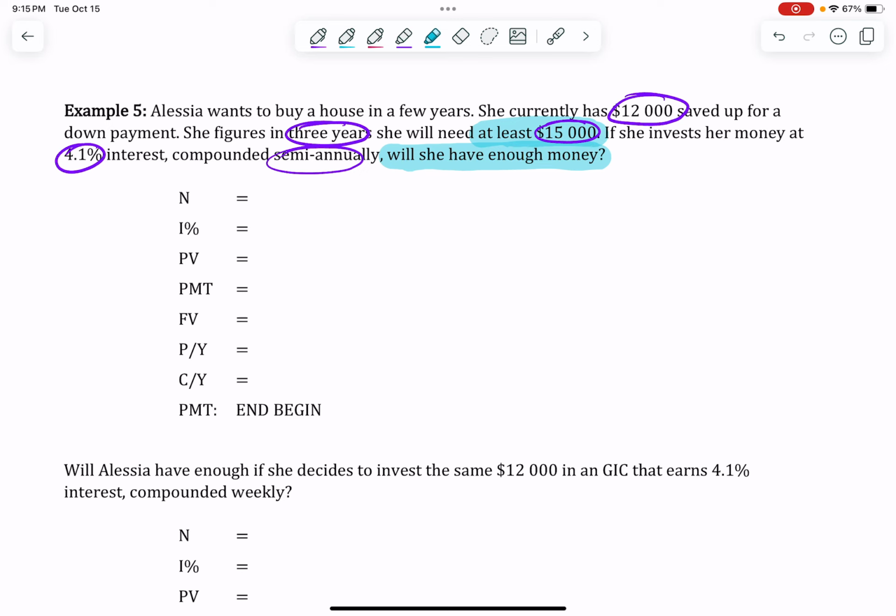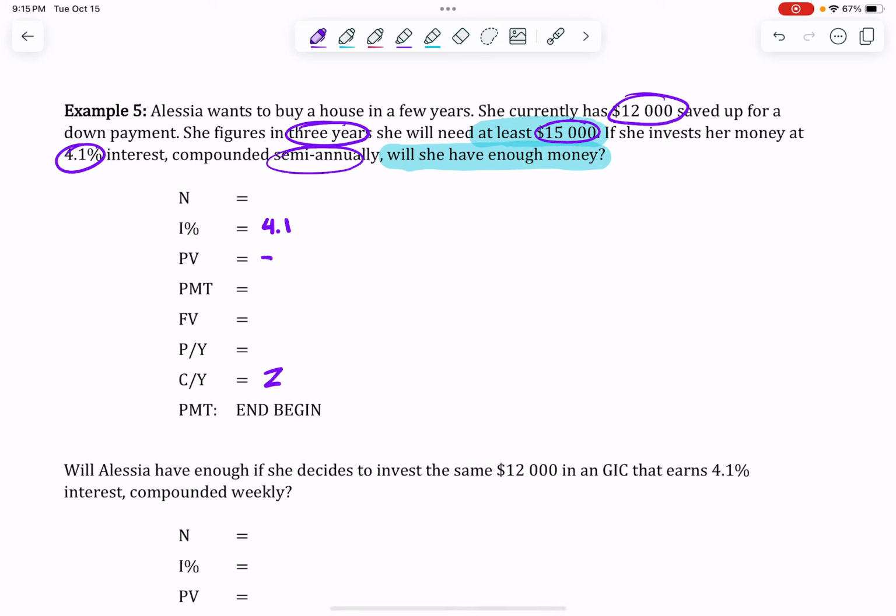Okay? So, going ahead, looking through here, I%, easiest one to do, followed by my compounding. Remember, semi means every half blank, so semi-annually means every half year, which means it'll occur 2 times a year, right? There are 2 half years in 1 full year, so CY is 2. As we go through here, she's investing 12,000.